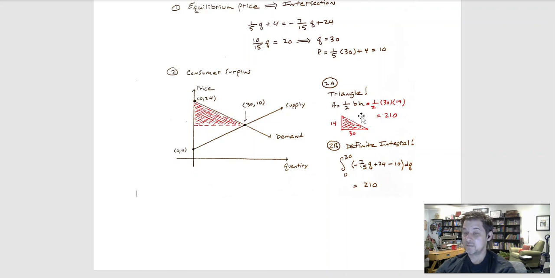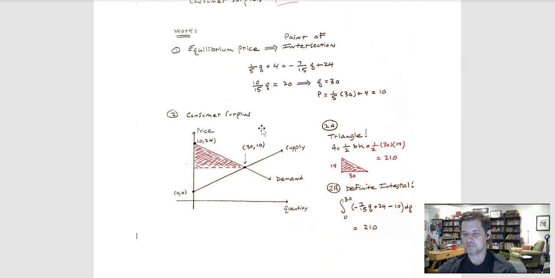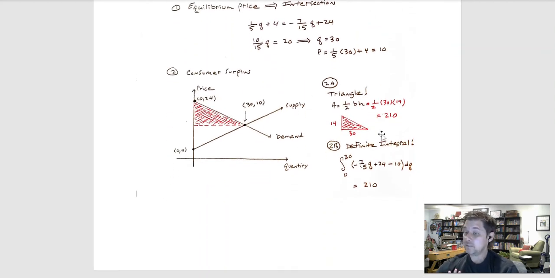So the size of the triangle is 1/2 times 30 times 14, which is 210. So my consumer surplus is $210. It will have units of currency for whatever your measurements are. Let's say dollars. Now, that's one way to do it, since the consumer surplus is the physical size of this region of the graph. I can calculate it that way.